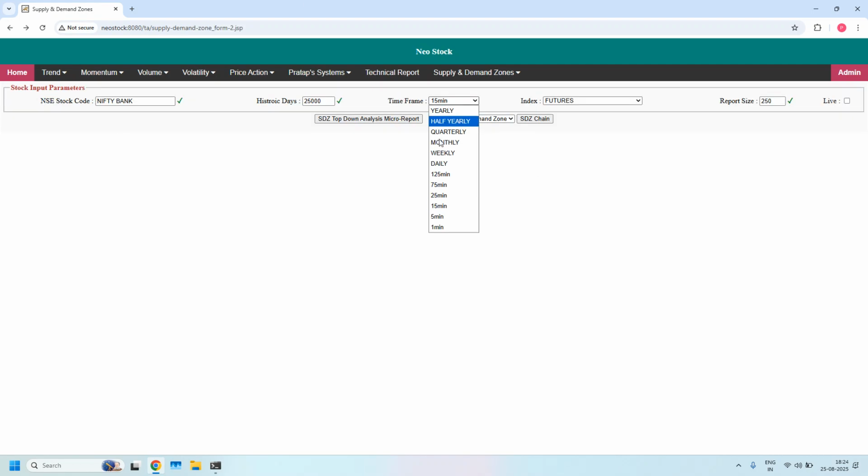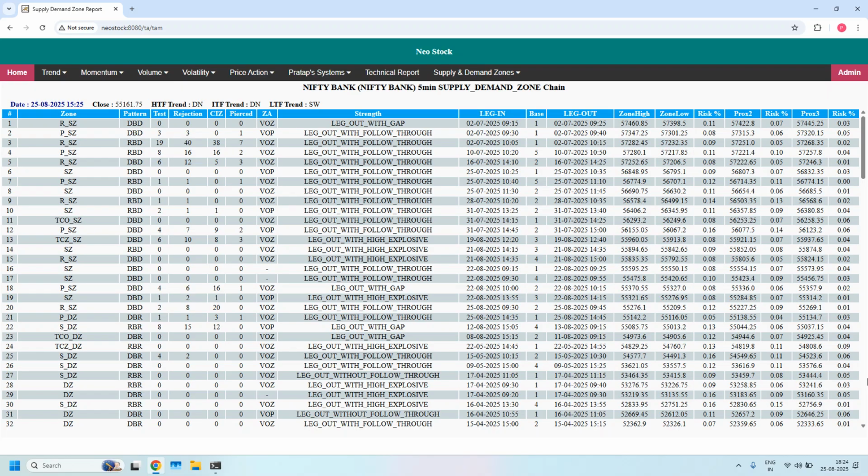Next, generating 5 minutes supply demand zone chain for Bank Nifty.